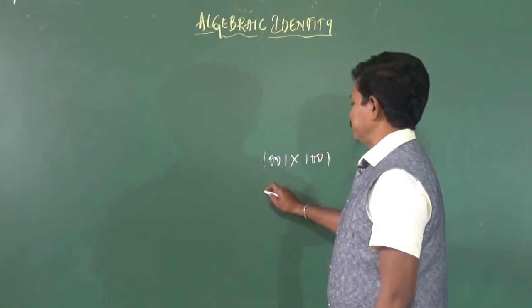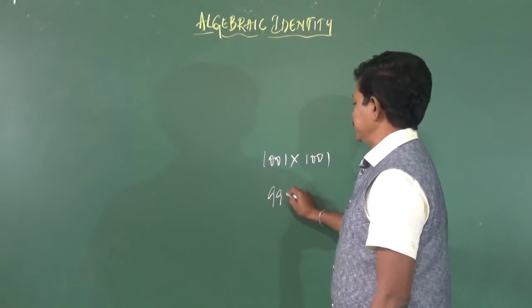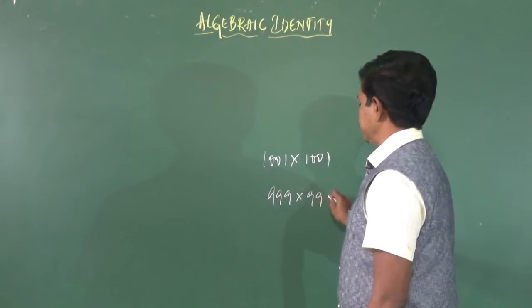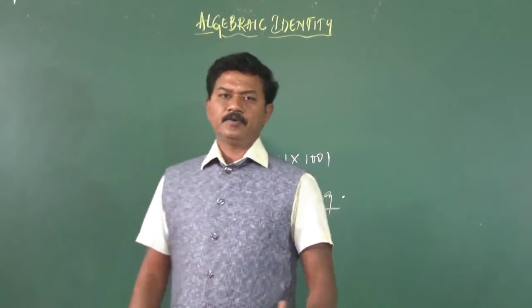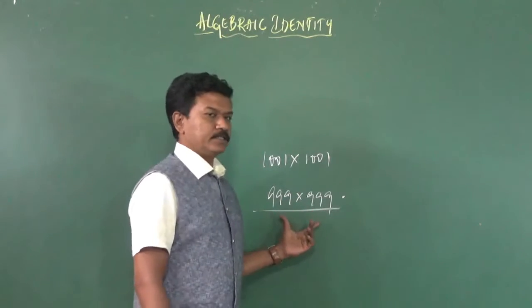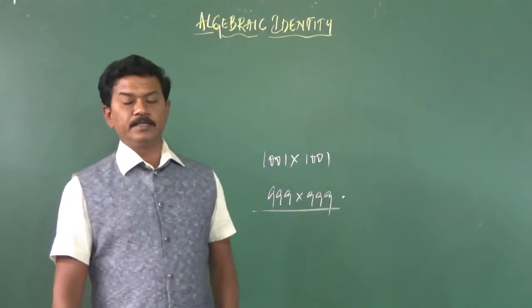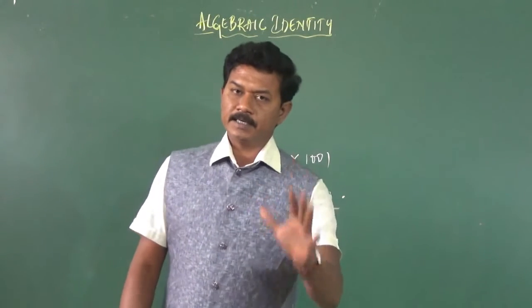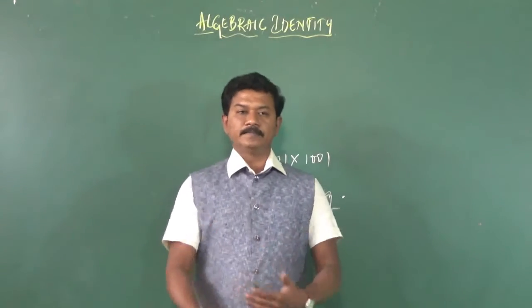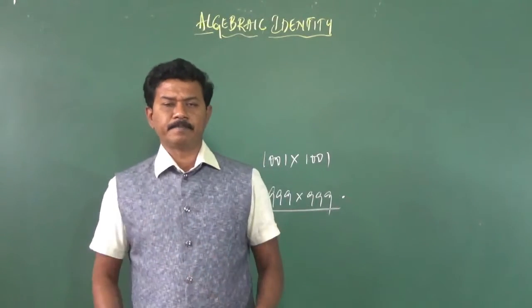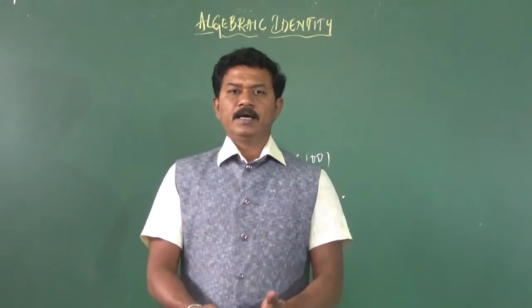For example, I have to multiply 999 into 999. It takes a lot of time, but instead of doing general multiplication to multiply these two numbers, I can easily use algebraic identities, which in this session I am going to derive one by one. I am going to establish each and every identity by the inductive method.